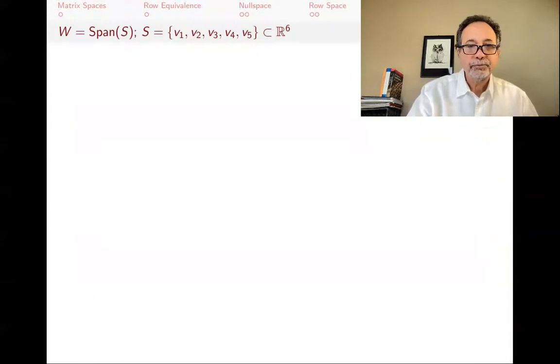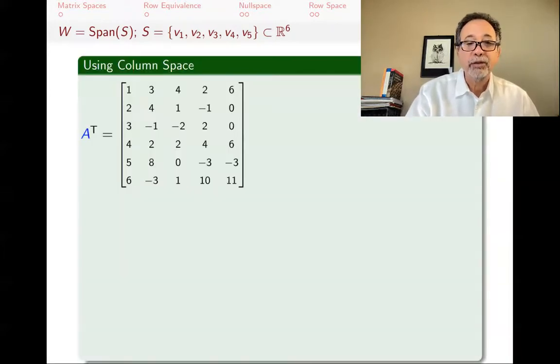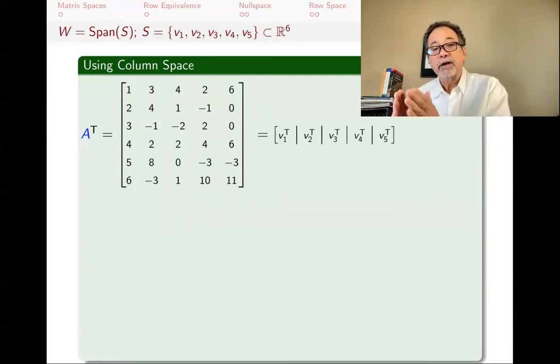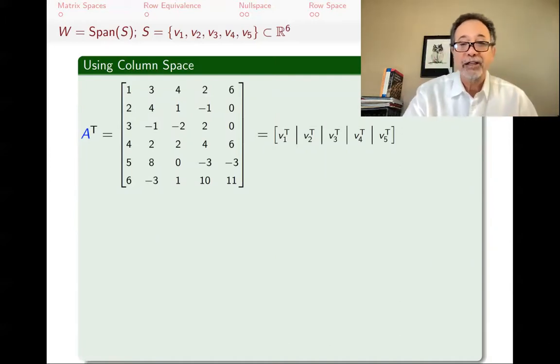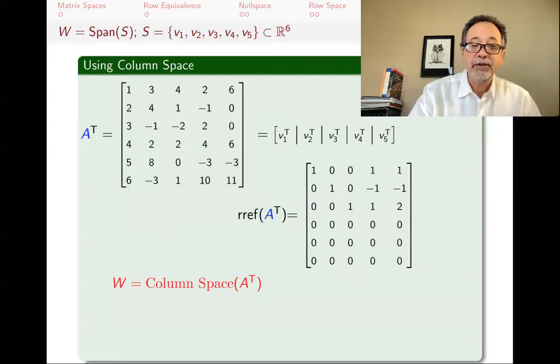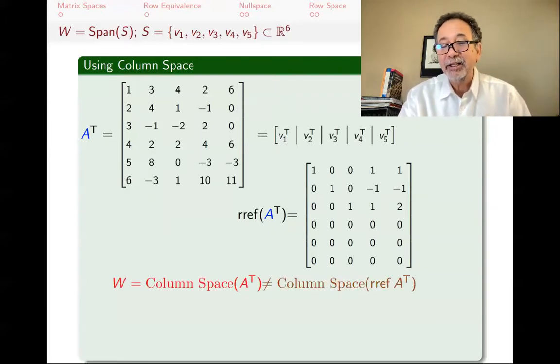Okay. Now let's try to use the column space. So this time I'm looking at A transpose, and I'm writing V1 through V5 as columns of A transpose, and I'm going to find its reduced echelon form. The column space of A transpose is not the same as the column space of the reduced row echelon form.